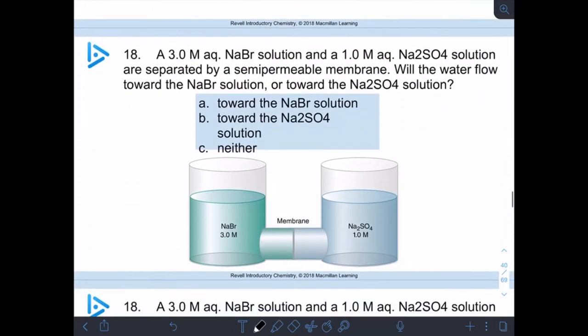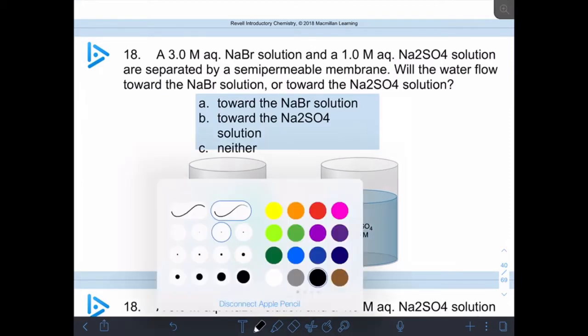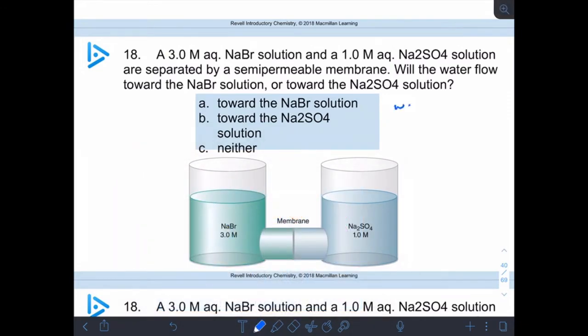So now, interesting question, this one. Osmotic pressure is water's tendency to flow in one direction or another. And the trick is that water will always flow toward higher concentrations, because water wants to distribute the concentration.